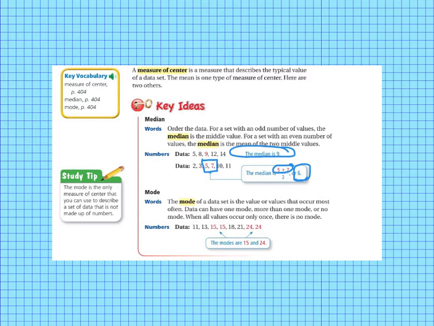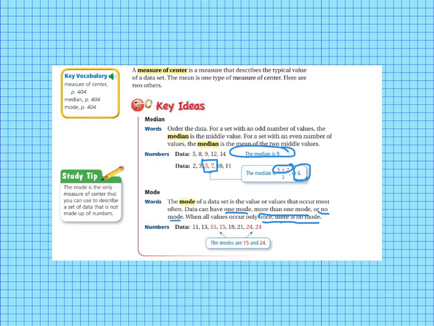Now let's take a look at the mode. The mode of a set of data is the value or values that occur the most often. Data can have one mode, more than one mode, or no mode. When all values occur only once, there is no mode.